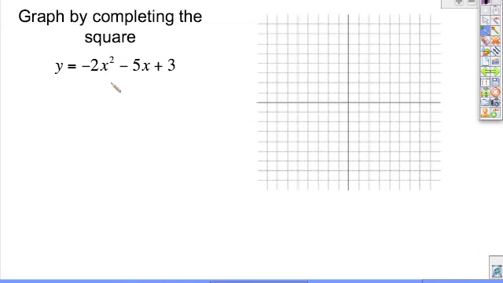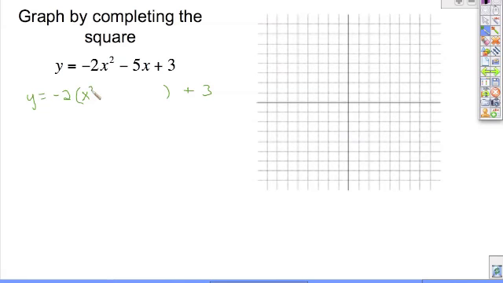Now we're going to graph by completing the square. We're going to put this quadratic into vertex form. Remember, to complete the square, we need the leading coefficient to be 1, so I'm going to factor the -2 out. Also, when I was solving by completing the square, we'd move the 3 to the other side, but I want to keep it over here. But I'm going to leave it separate from the rest of the quadratic parts.